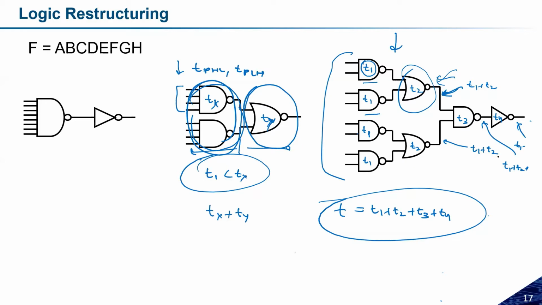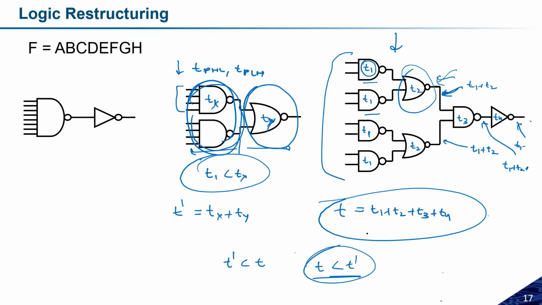But in the first circuit, T1 plus T2 plus T3 plus T4 will be the total delay. Let us assume T dash is the total delay of the second design. If T dash is greater than T, then the second design is not good. But if T dash is less than T, then the second design is good. So I need to consider the internal delay as well as the gate delay.